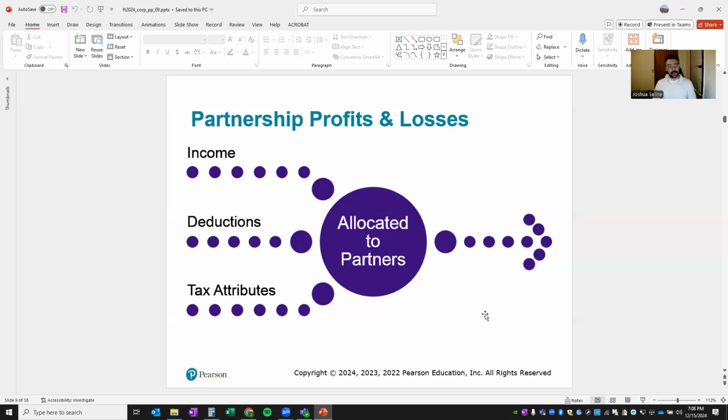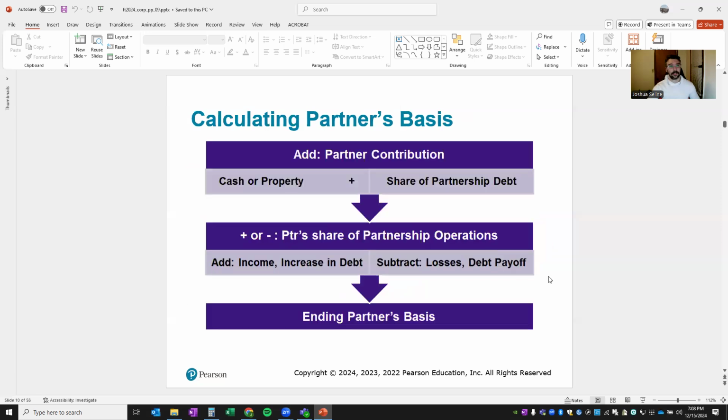Partnership profits and losses. So here you can see we've got income, deductions, tax attributes going to the partnership, and then that gets spit out on the K-1 and it's allocated to the partners, distributed. Calculating partner's basis, it is what you contribute, and then you add your income or your increase in debt.